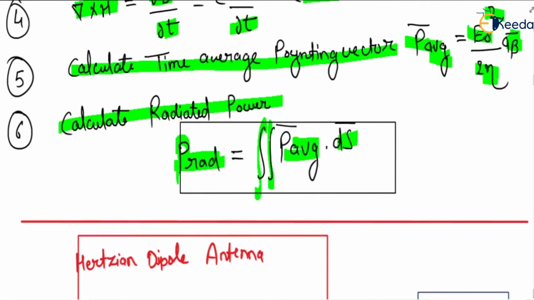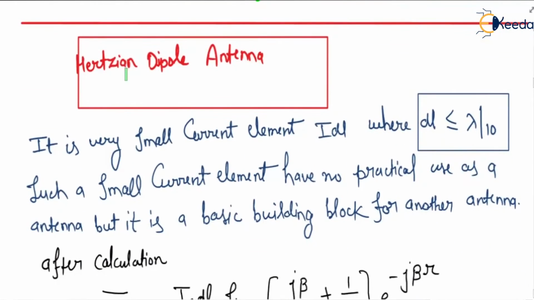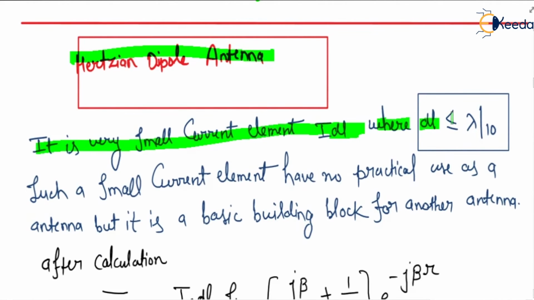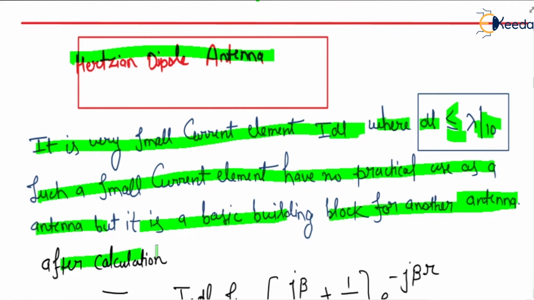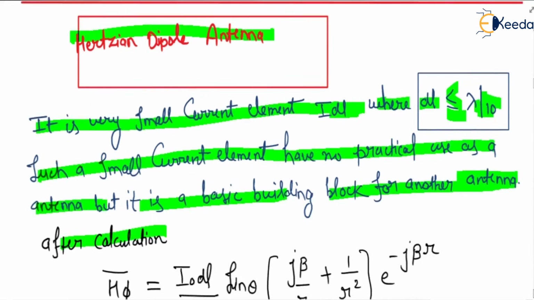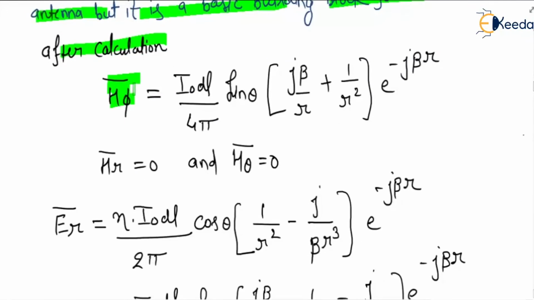Now let me discuss the Hertzian dipole antenna. It is a very small current carrying element I dl where dl is less than or equal to lambda by 10. Such a small current element has no practical use as an antenna, but it is a basic building block for other antennas. After calculation, we get the H phi component: I naught dl by 4 pi sin theta, j beta by r plus 1 by r square, e to the power minus j beta r.